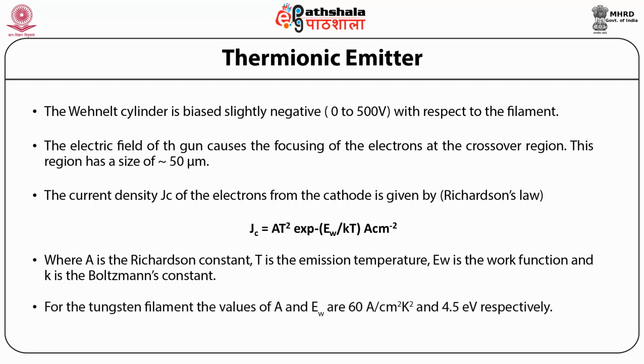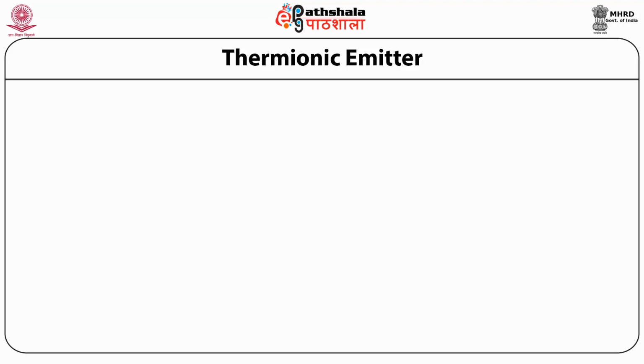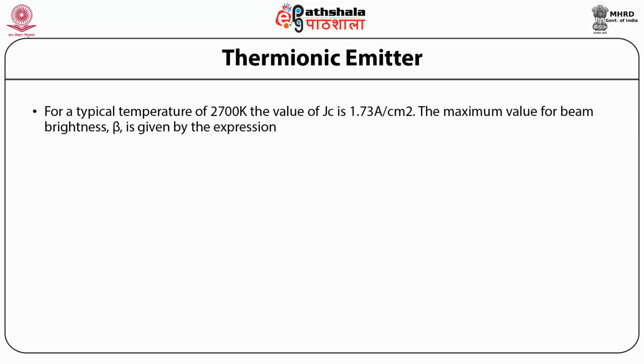For the tungsten filament, the values of A and EW are 60 amperes per centimeter square Kelvin square and 4.5 electron volts respectively. For a typical temperature of 2700 Kelvin, the value of Jc is 1.73 amperes per centimeter square.